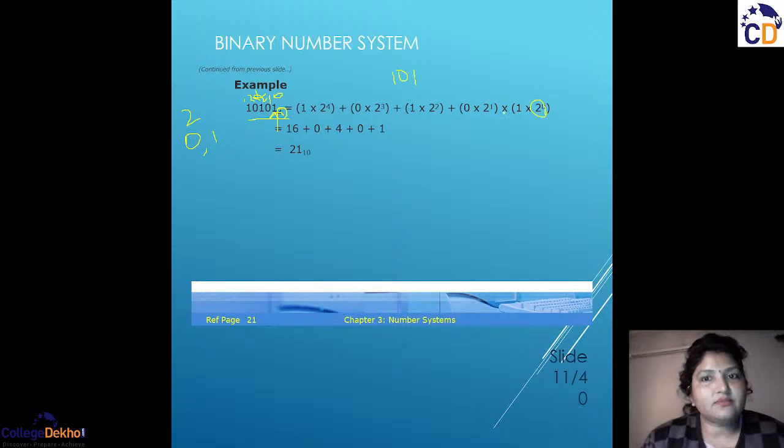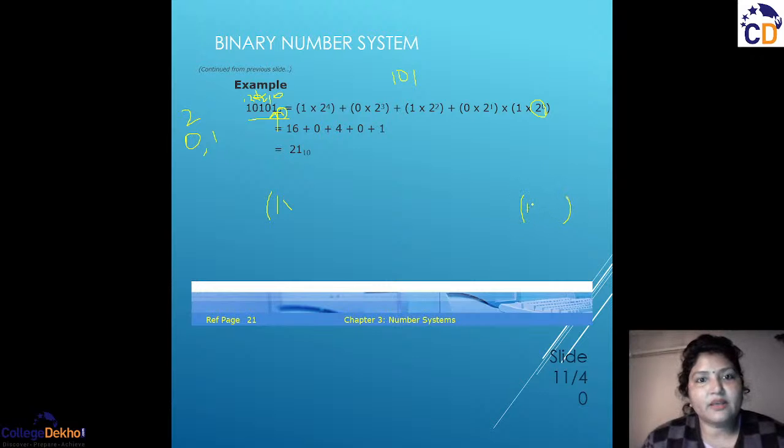Then another value, 2 to the power 1 into 0. Then again 2 to the power 2 into 1. If it is a 4 digit number, the starting digit position will be 0, right? So if we start from the last side, how do we write it?